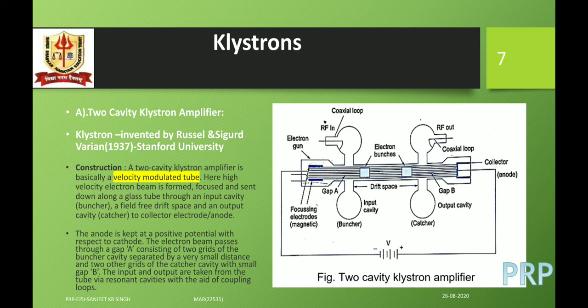As the electron beam passes through the gap of the buncher cavity, where a radio frequency input is applied with the help of a coaxial loop injected into the first resonant cavity, due to the sinusoidal variation of the radio frequency there is acceleration and deceleration of the electron beam passing the gap.